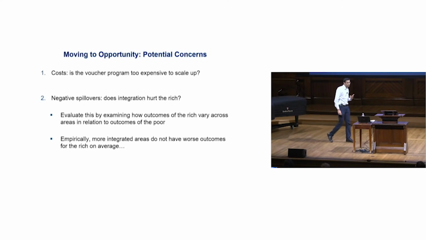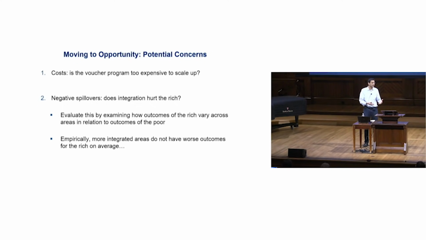And so often what you will find is, while many people are sympathetic to that sort of approach abstractly, when it comes down to their own kids or their own neighborhoods, you get what people call a not in my own backyard, NIMBY, sort of phenomenon, where higher income folks are worried, maybe legitimately, that integration could end up actually adversely affecting the outcomes of the rich.